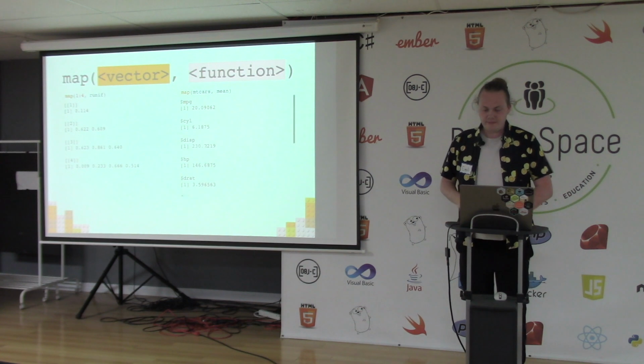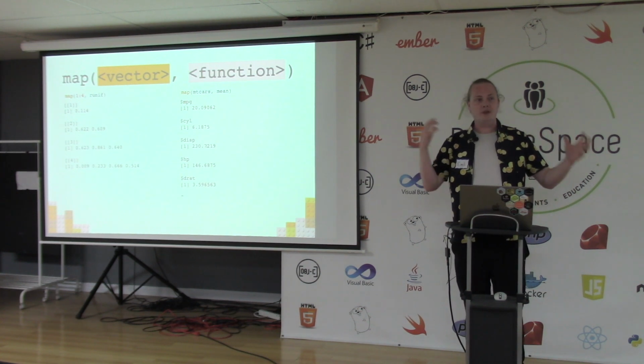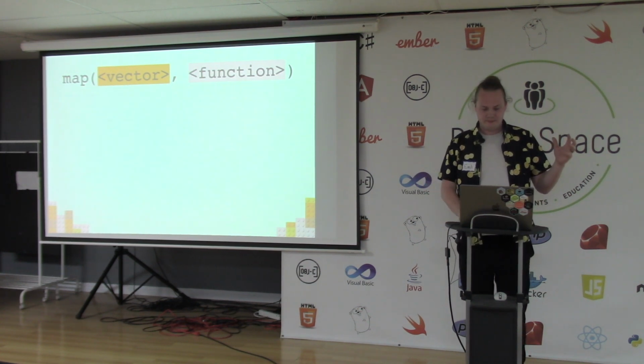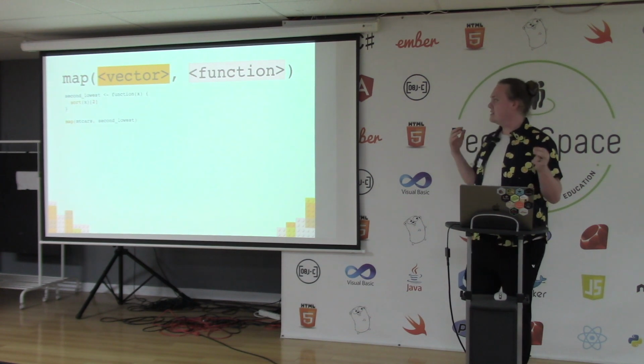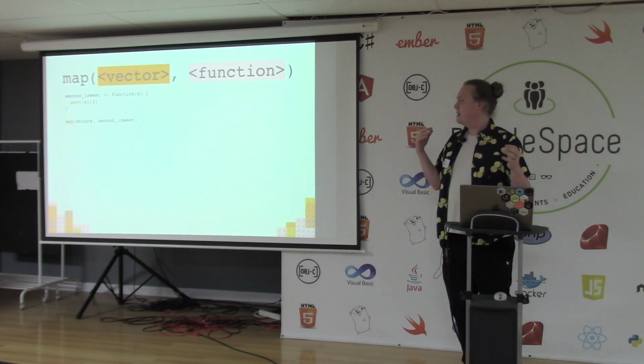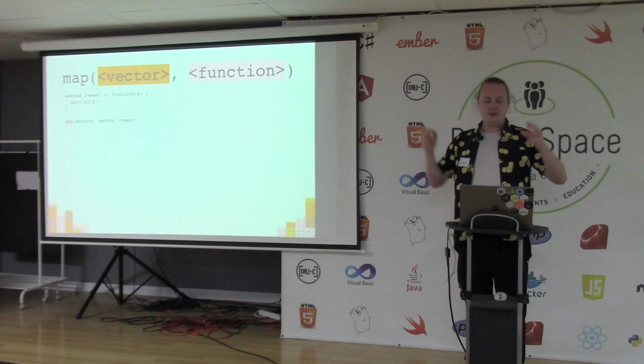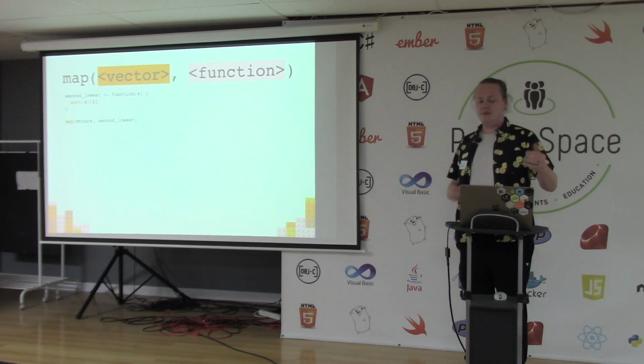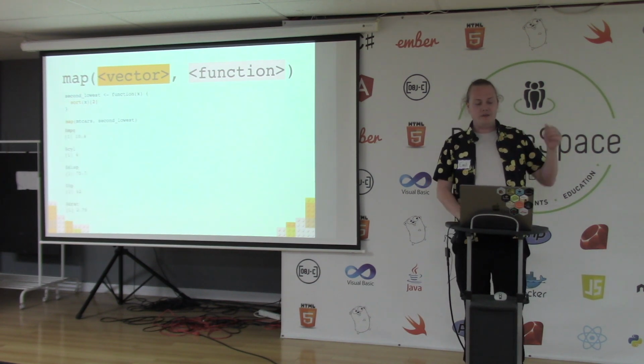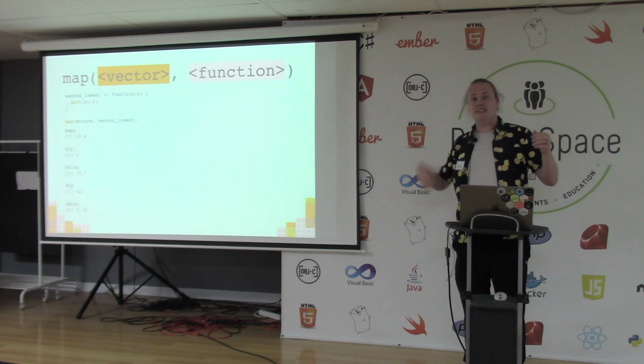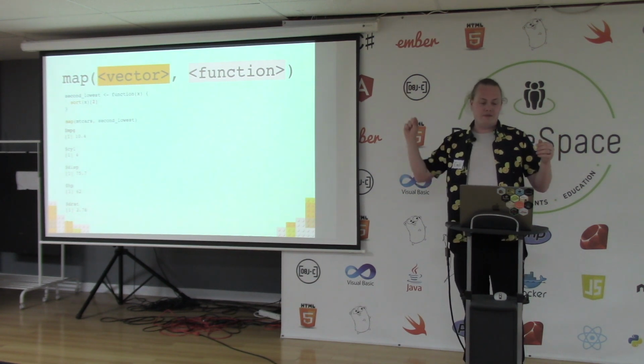That's the general syntax for how we use these map functions. If we didn't have a built-in function, we just write our own function. We can say, I want the second lowest value. We create the function, and we pass it in, and it gives us the second lowest value of each element.